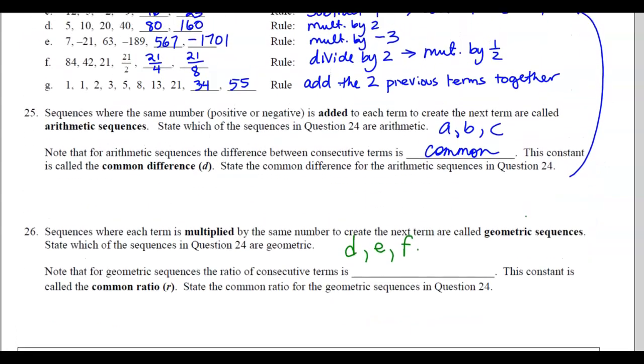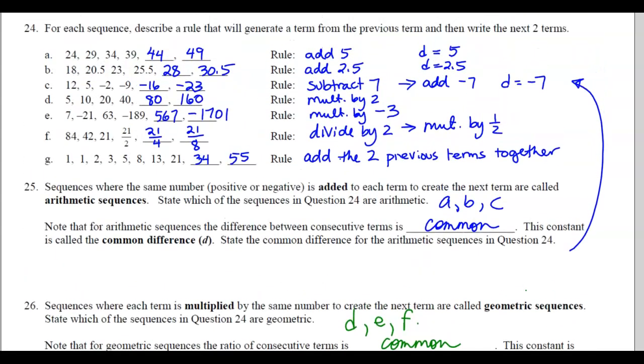And for these ones, what number you multiply by, guys, is common each time, and it's called a common ratio. So the common ratio for these ones, we use R equals 2, R equals -3, and then you have to use this one, R equals 1/2.